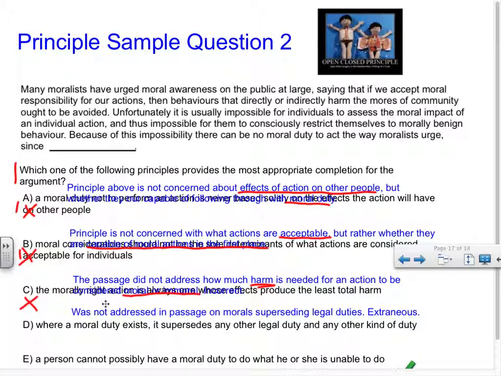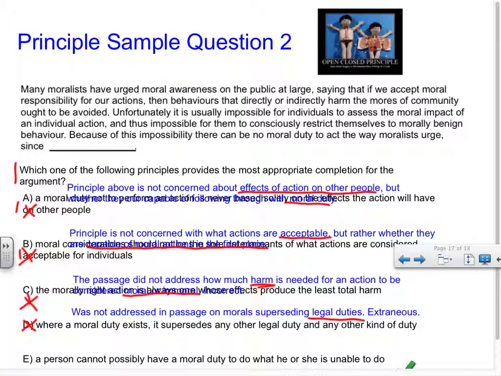And D says, where a moral duty exists, it supersedes any other legal duty and any other kind of duty. So, in reading the passage, I don't even recall legal duty being mentioned. So this answer choice is extraneous. Because remember, just stick with what happened in the passage. So let's get rid of D.